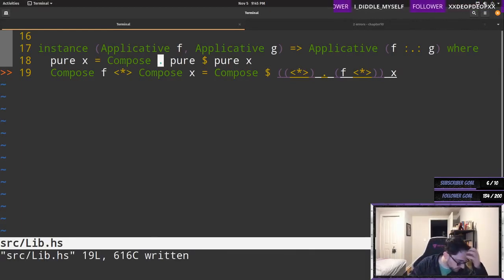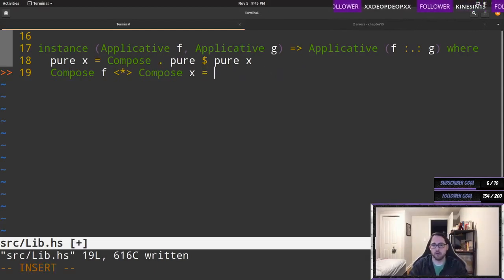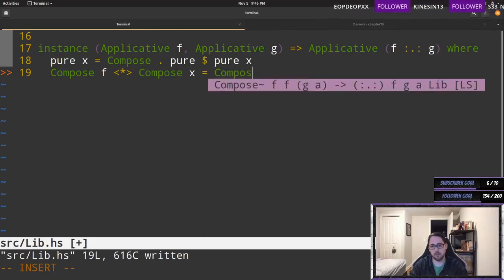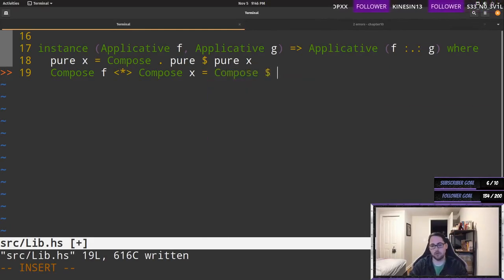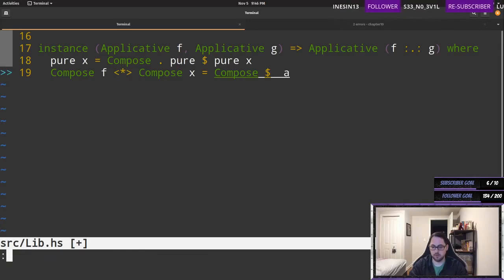That's the first one. Okay, so we got f. I want to see if I can figure this one out without looking it up. Not that I'm being asked to do it or anything. Right?